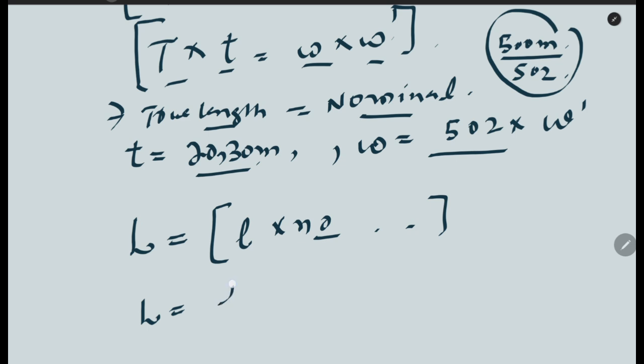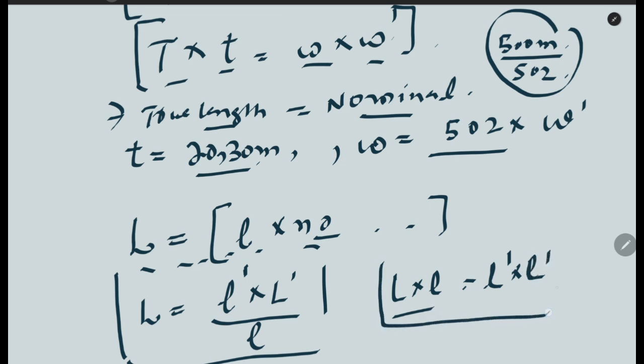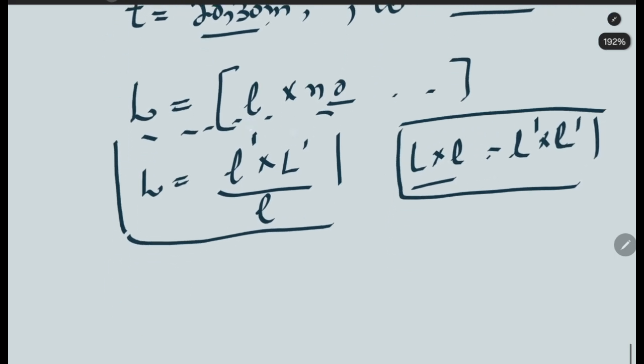If L dash is the wrong length and what you measure with a wrong measurement, then it will be the true length of the chain or tape. That means L into L is the correct one, and L dash into L dash will be the incorrect one. So here comes the correct length.